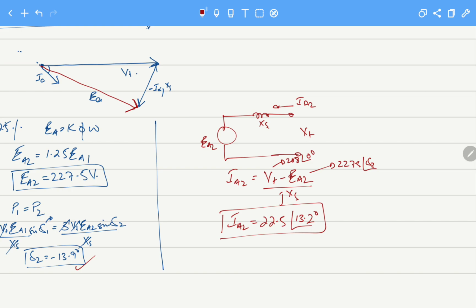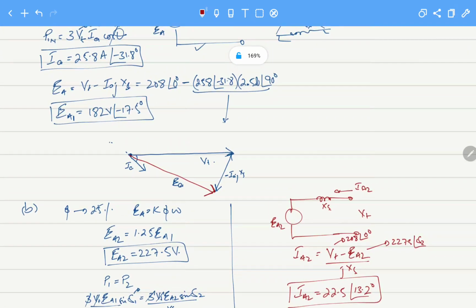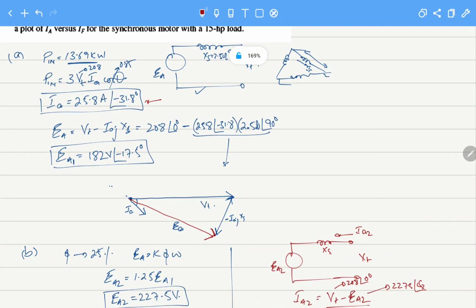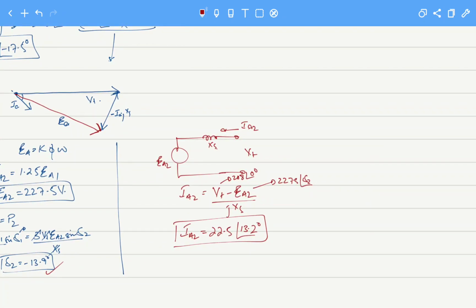So what happened here, we can see, is that the current is now leading the voltage. The current was lagging the voltage for part A, but as we change the excitation of our synchronous machine, we have converted our machine from a lagging power factor to a leading power factor, and now this current is leading the voltage Vt.